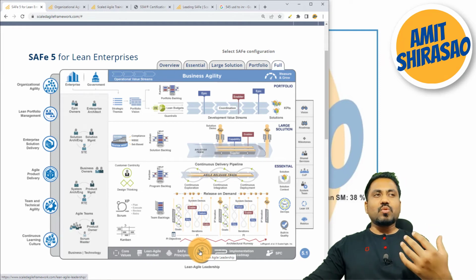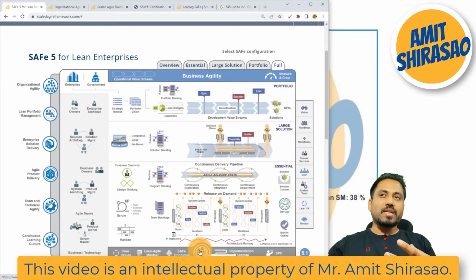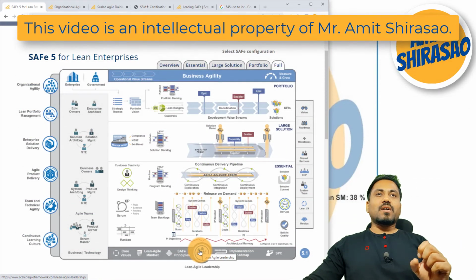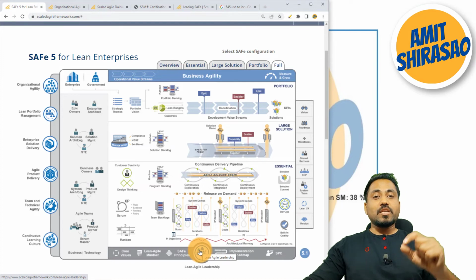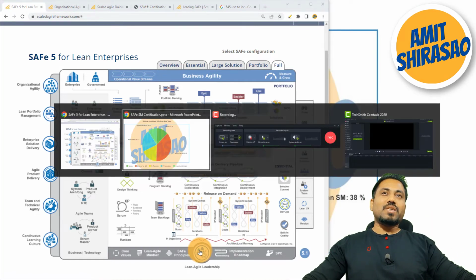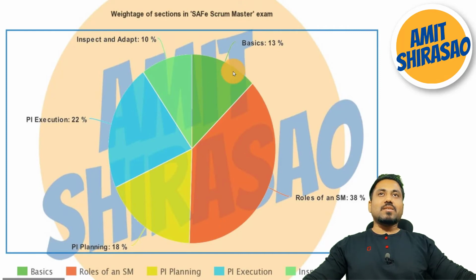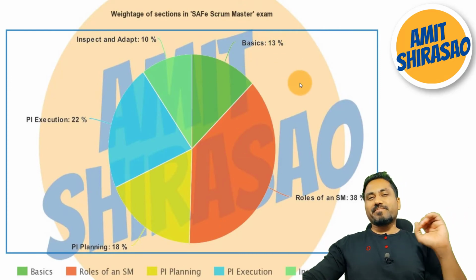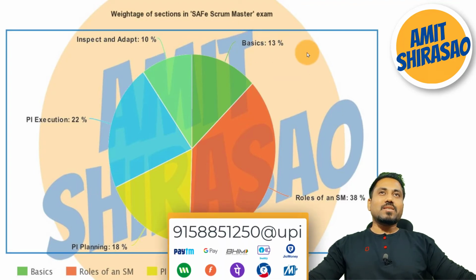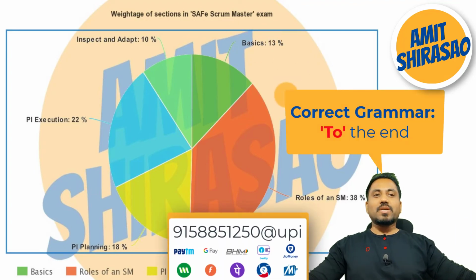They won't ask you to learn it by heart and name all the 21 dimensions. No one does that, but they can ask you a question on any of these dimensions. That is why I said the amount of effort you put in for learning the basics is a lot, and you will get only 13% questions on it. So I'll say keep basics till the end, do not focus too much on it.